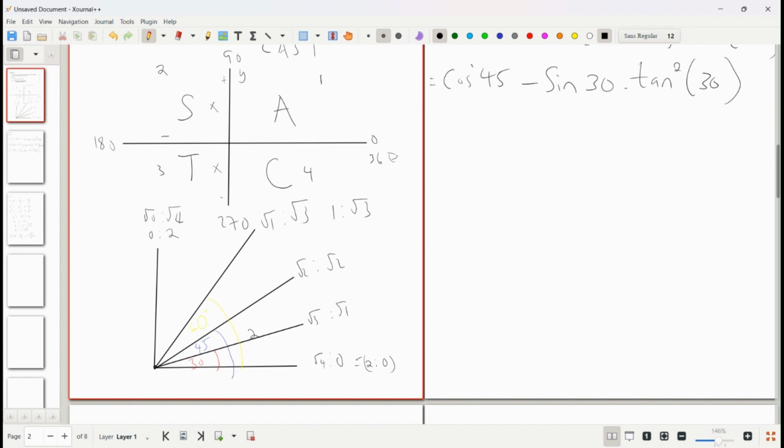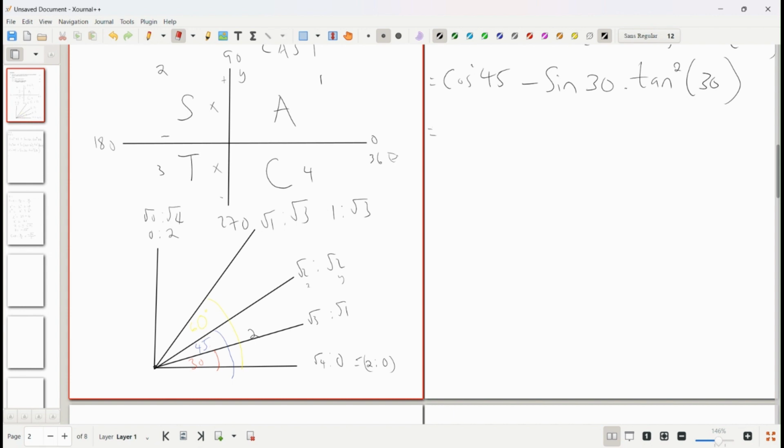What is cos 45? Let's see from our special angles. It's the blue one here, right? Let's check the coordinate. We have square root of 2 is to square root of 2. Remember, this is your x, this is your y, right? So cos is x divided by the hypotenuse, or adjacent divided by the hypotenuse.